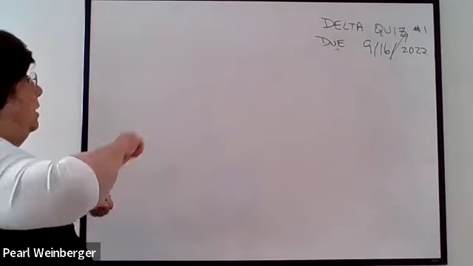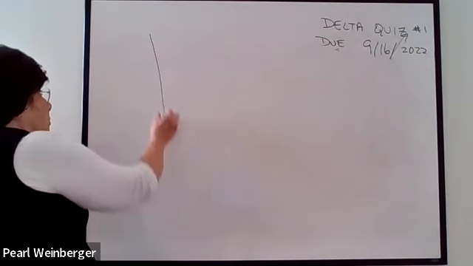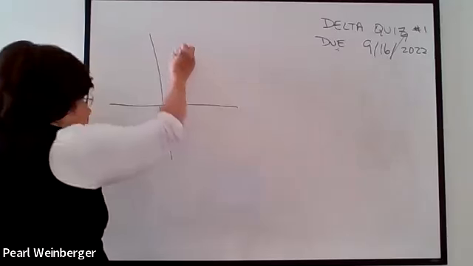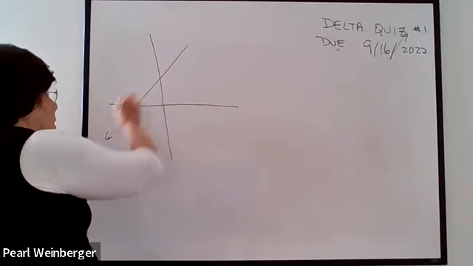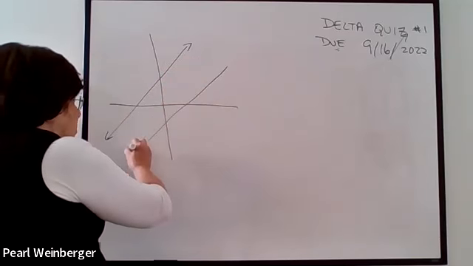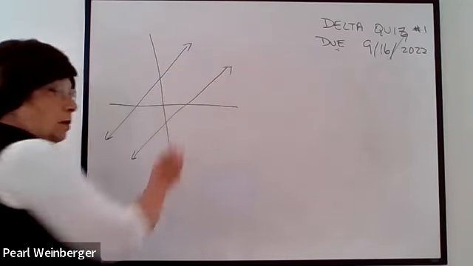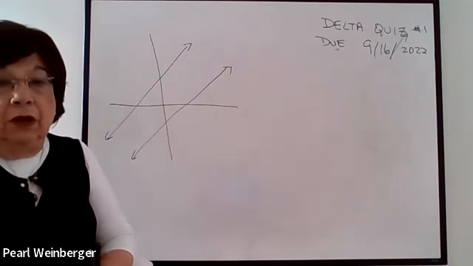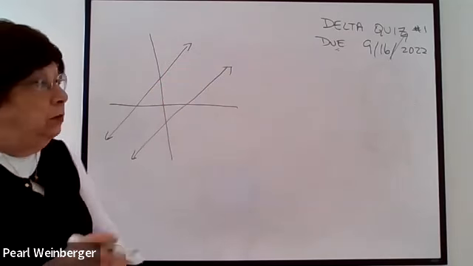What if I were to have 2 lines that look like this? Here's one line, and here's another one. And these 2 lines are what we call parallel.